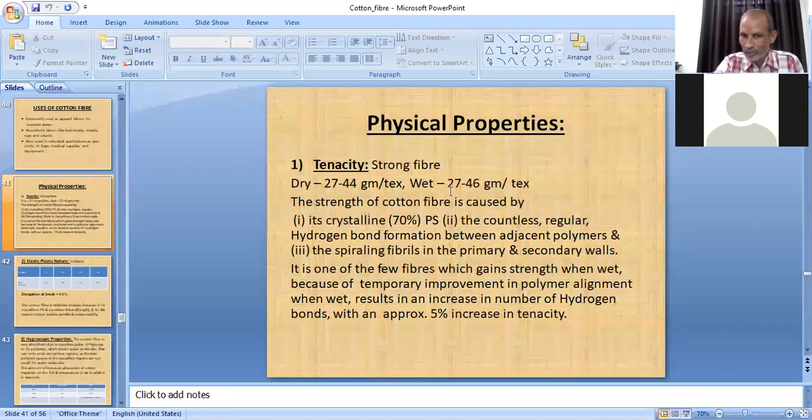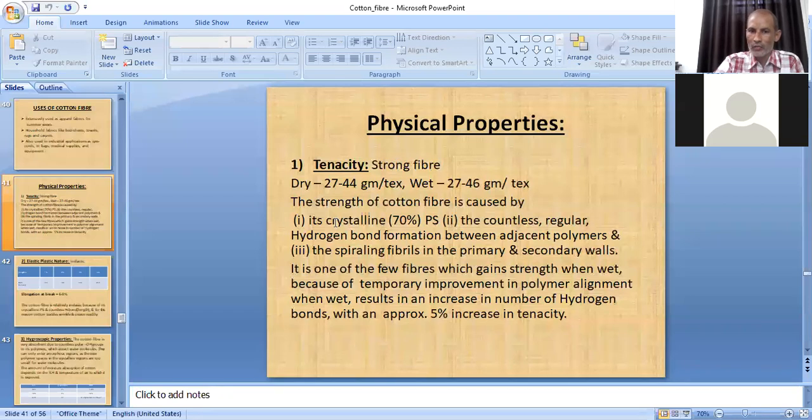So the starting point is the same, 27, but here you can see it is 44 and it is 46. And this is the fiber which gains strength when it is wet. Other fibers like viscose lose strength when wet, but cotton gains strength when wet. That is clear from these two values, dry tenacity and wet tenacity. Why? That we will take later on.